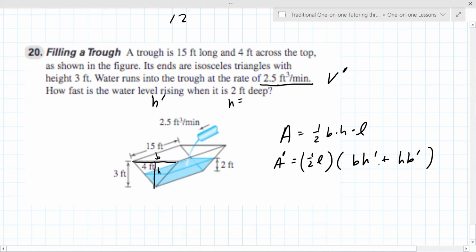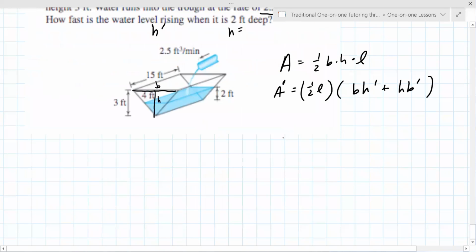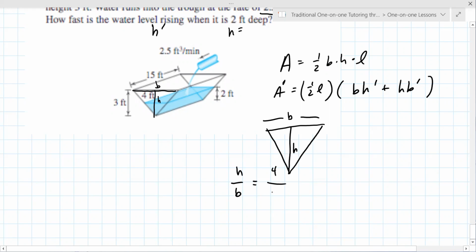Okay, so you might say, well, how do we do this? Well, in a lot of these problems, you have to build what's called a similar triangle. So if this is H and this is B, maybe you saw this in class, you just write a ratio like H over B equals, well, what's the max height? The max height is 3, and the base is 4.